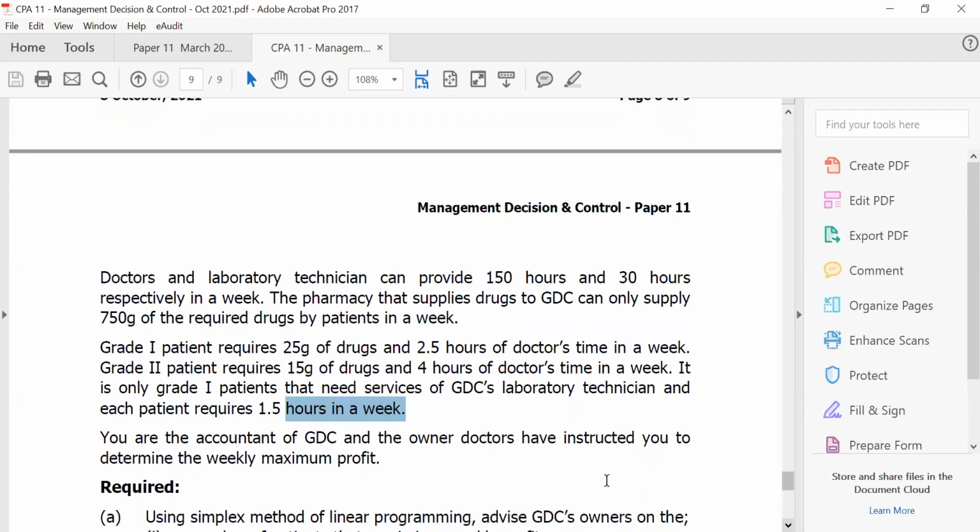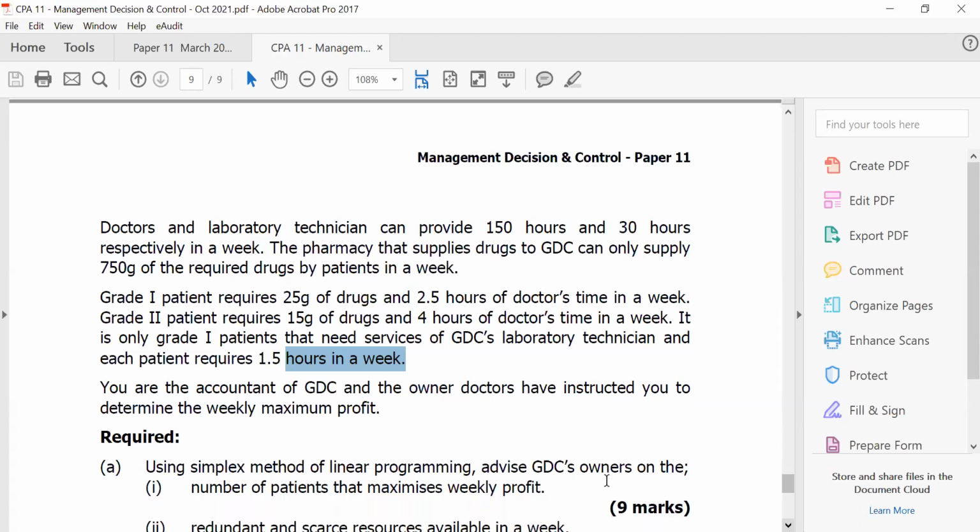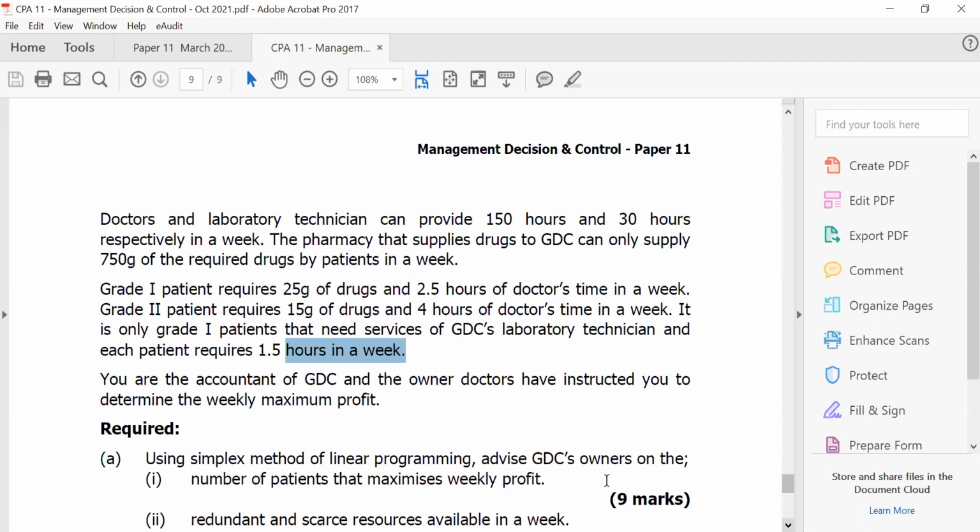So they're telling us that you are the accountant of GDC. The owner doctors have instructed you to determine the weekly maximum profit. And they're asking you to use linear programming to advise GDC owners on the number of patients that maximizes their weekly profits.